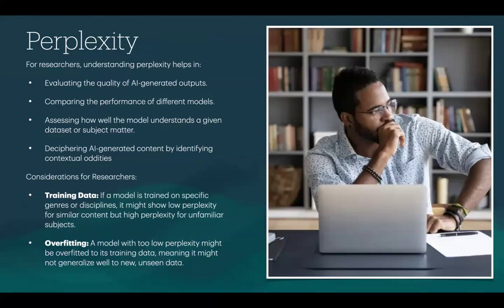So again, we think about that Paris example. If a model is trained on specific genres or disciplines, it might show low perplexity for similar content, but high perplexity for unfamiliar subjects.